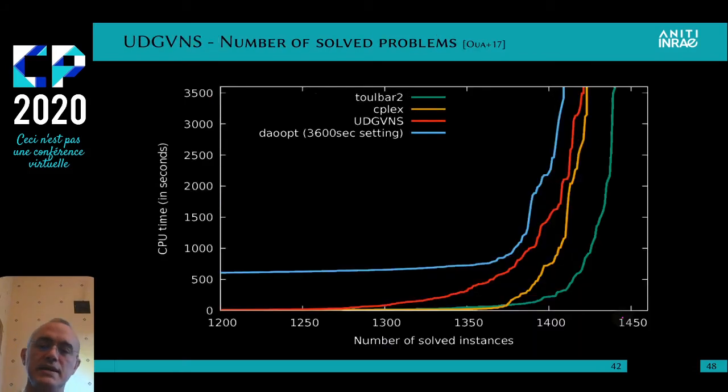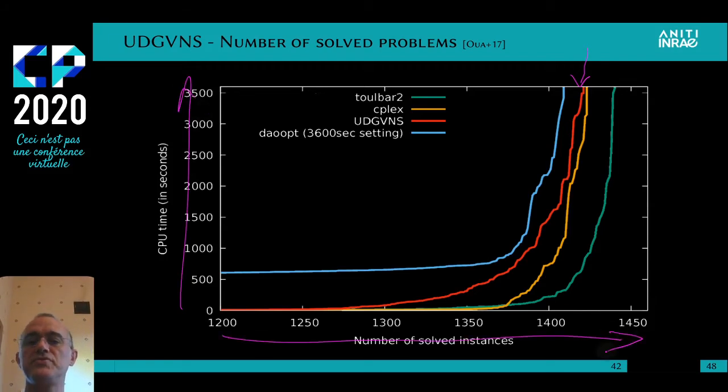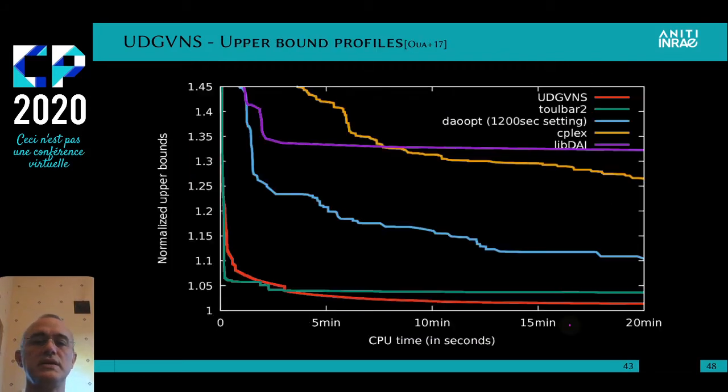So, as I said, the local search inside toolbar 2 VNS is still complete, and it does not behave as well as HBFS or Simplex, but it is able to prove optimality in many cases. This is a cactus plot with CPU time here and the number of solved instances here. So it does produce optimality in a very large fraction of cases.